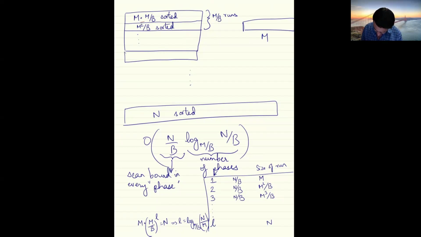In big O notation, this is the same as log base m over b of n over b.